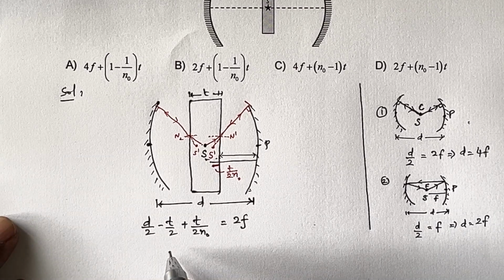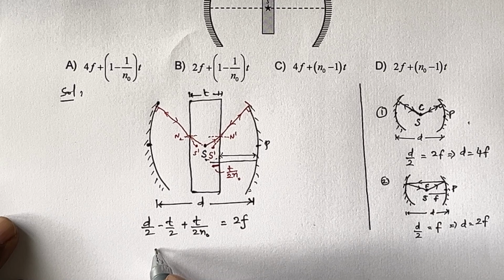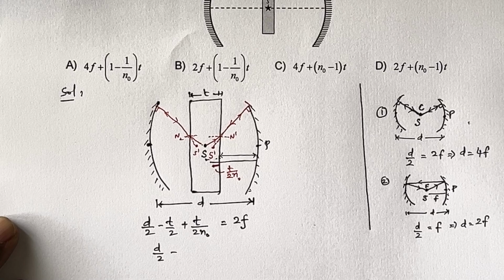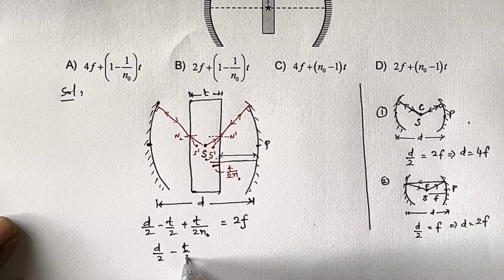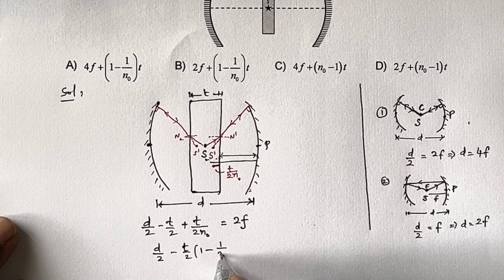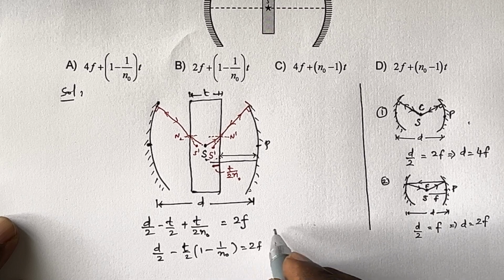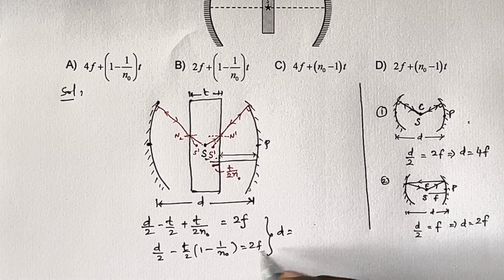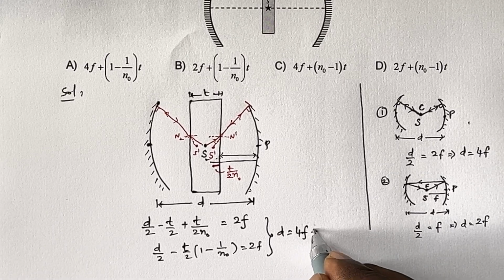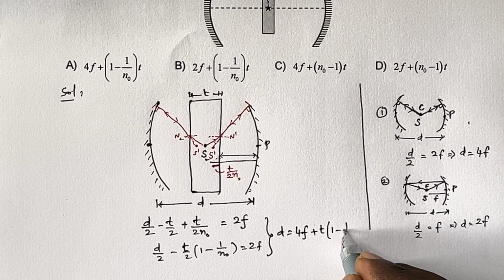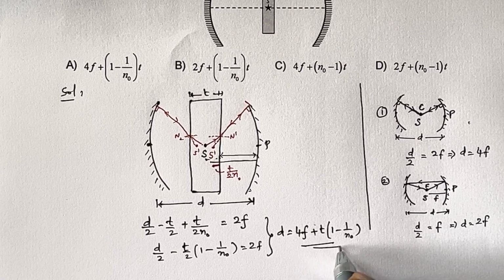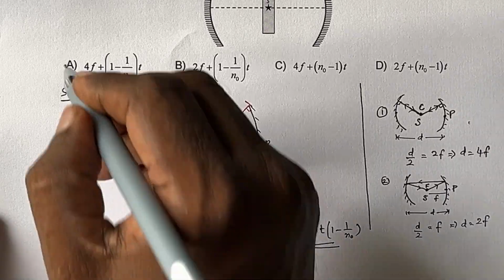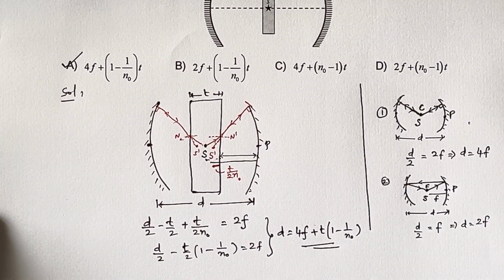So d by 2 I will take common, minus t by 2 common, 1 minus 1 by n naught, is equal to 2f. So d is equal to 4f plus t into 1 minus 1 by n naught. So this is the distance between the two mirrors. So option A is correct.